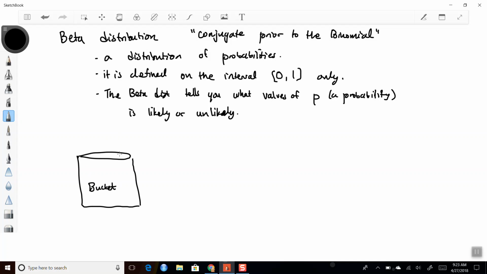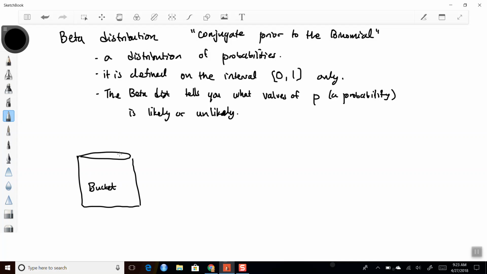So prior to looking at any data, you would say the proportion of red or green could be anything between 0 and 1. I mean, not all the way 0 and not all the way 1, but pretty much any value in there is possible. After seeing, all you know is that there's at least one red and at least one green in there.